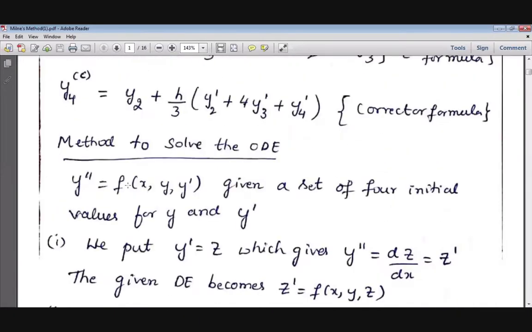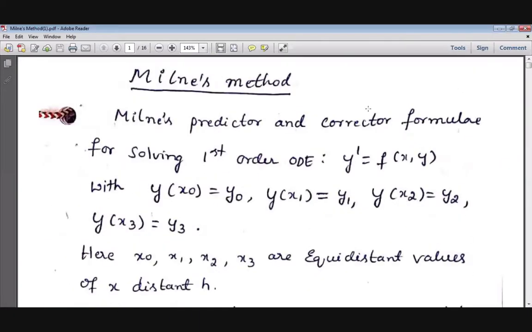Okay, we'll start. Milne's predictor and corrector formula for solving first order ODE. This was the formula.